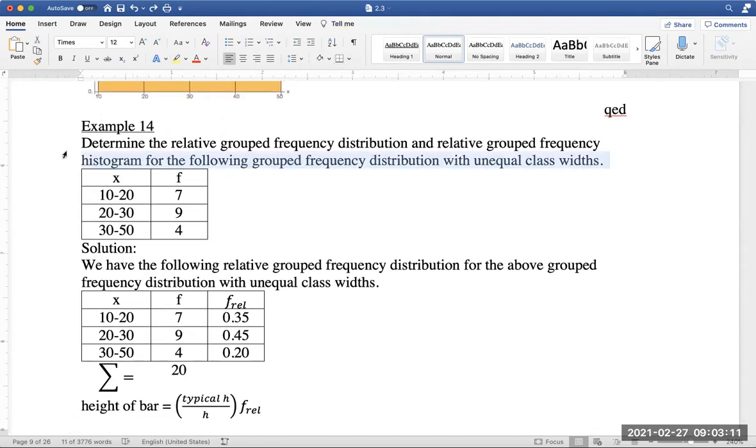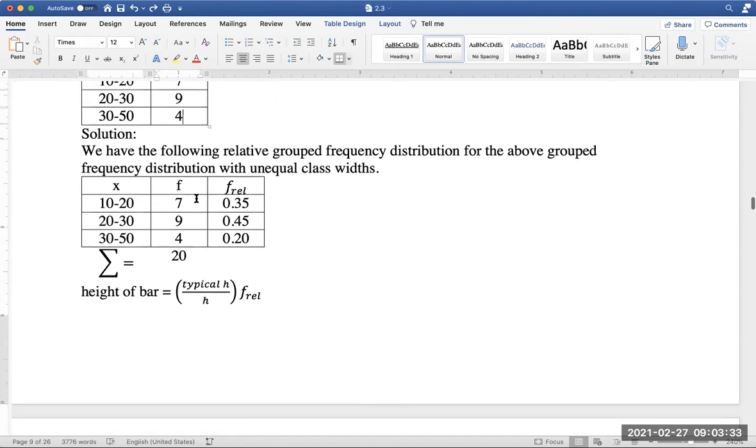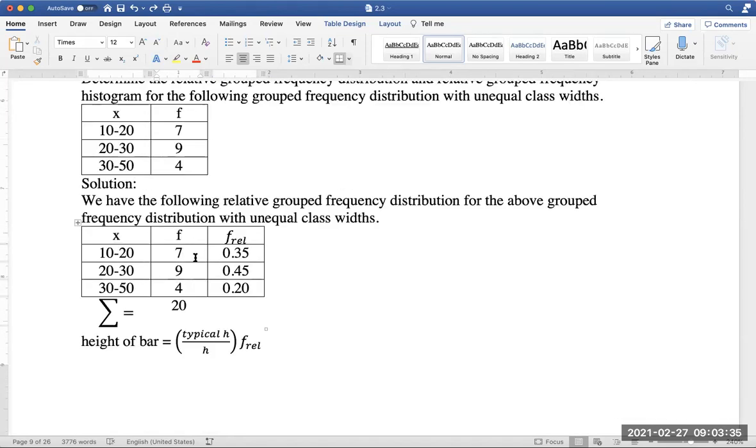Let's determine the relative group frequency distribution and relative group frequency histogram for the following group frequency distribution with unequal class widths. So 7 between 10 and 20, 9 between 20 and 30, and 4 between 30 and 50. 7 plus 9 is 16, plus 4 is 20.